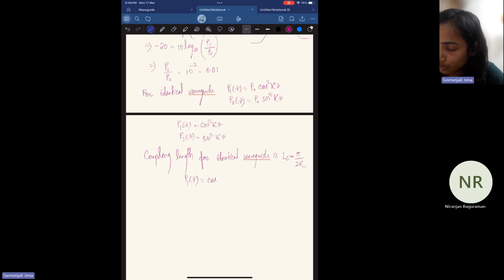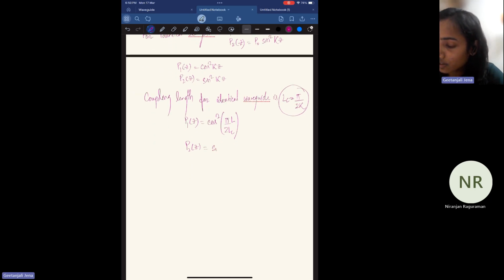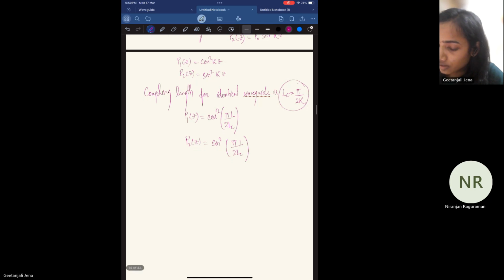P1 is cos square of pi by 2 LC times z; let us say z is L. We are just expressing the powers in terms of the coupling length. So when L equals LC, that is, if the interaction length is LC, the power in the first port will be 0.